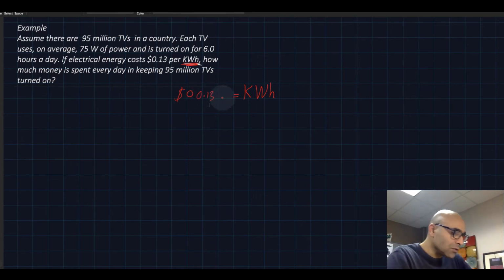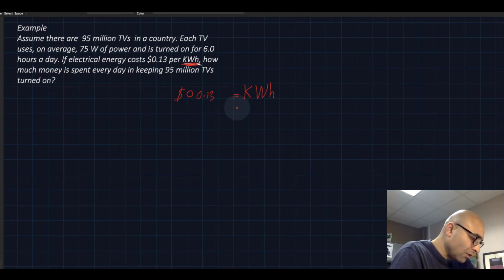That's how much you pay per kilowatt hour. So from reading your problem, you have the power, the hours it's turned on, how much you pay per kilowatt hour, and how many TVs. So the best way is to look at the unit.